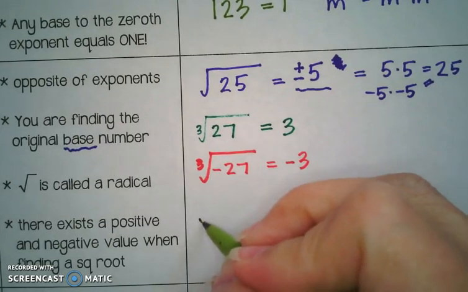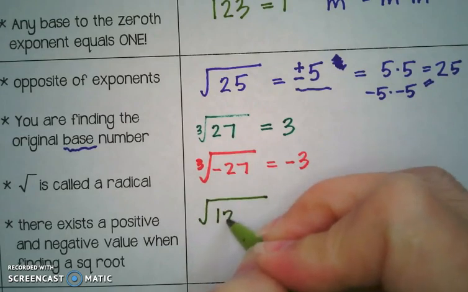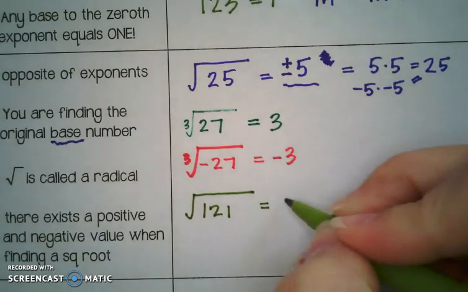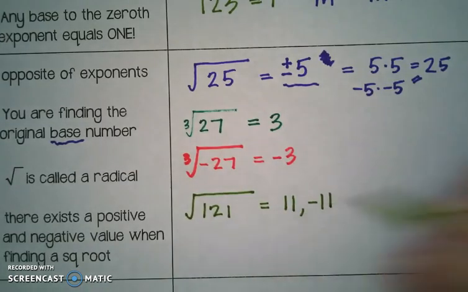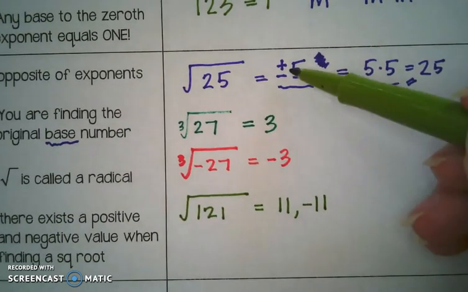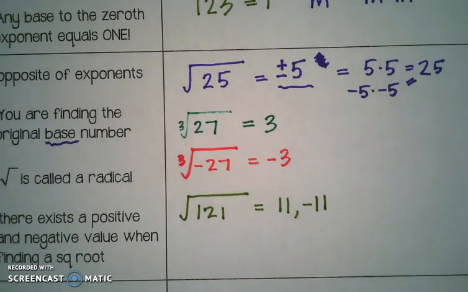So let's say we had the square root of 121. That's going to be 11 or negative 11. And you can see I wrote this one differently than I did up there. That's just another way you could write it.